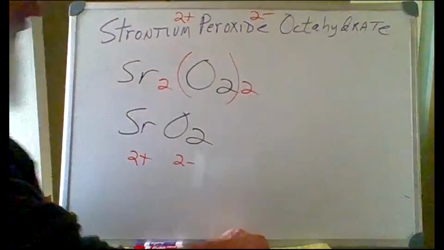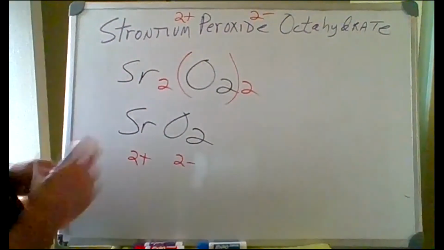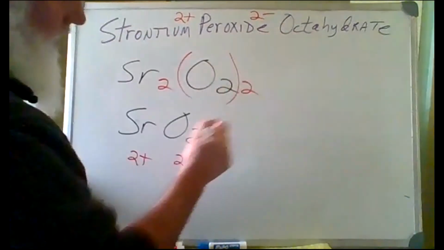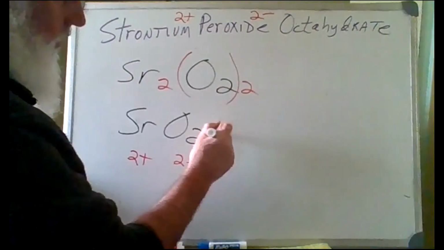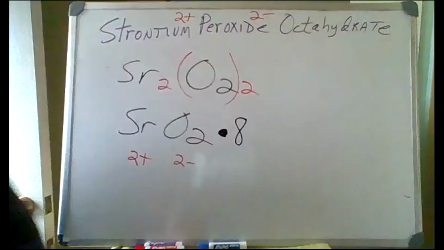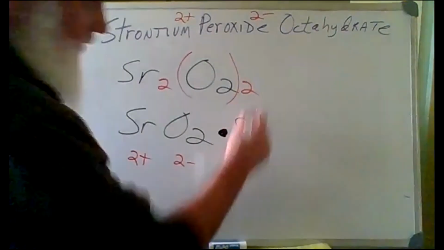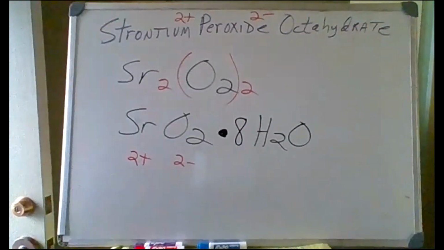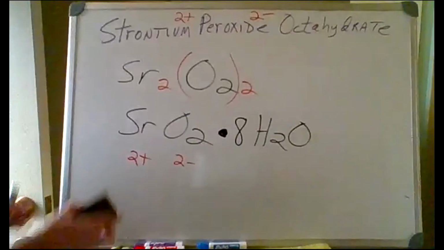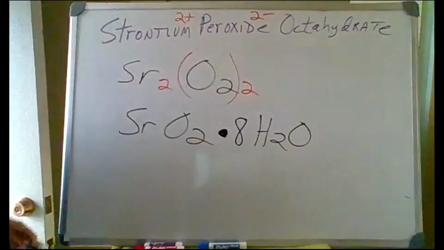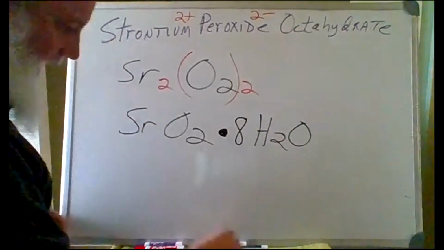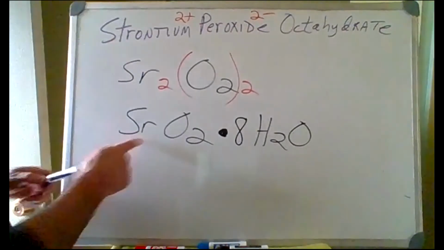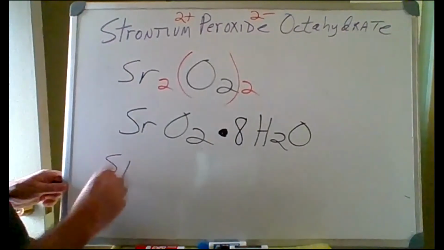Now we have the waters of hydration. So octa is 8. Octopus has 8 legs. All right, and hydrate, H2O. So there we are. There's the formula. Now to name this, just name of cation, name of anion. Strontium, the metal is strontium.